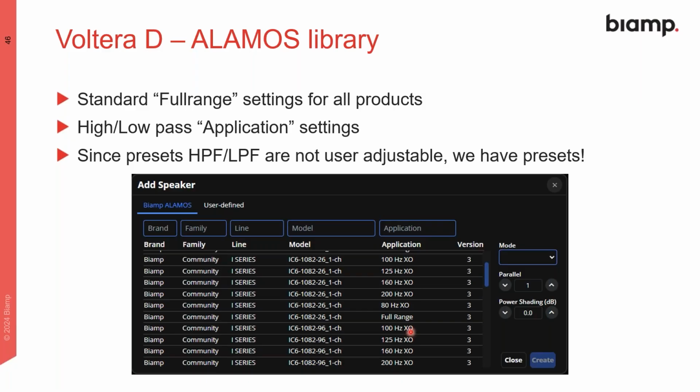We've given you presets with different high pass frequencies, 100, 125, 160, and 200 are very common as you scroll through the list. This can help you mate up low frequency systems with full range systems by providing a better transition between loudspeakers and just better functionality.